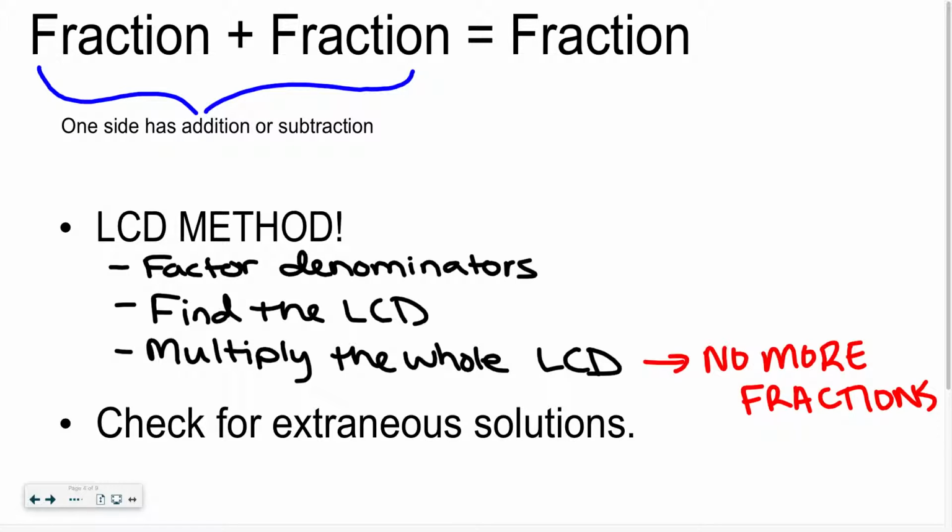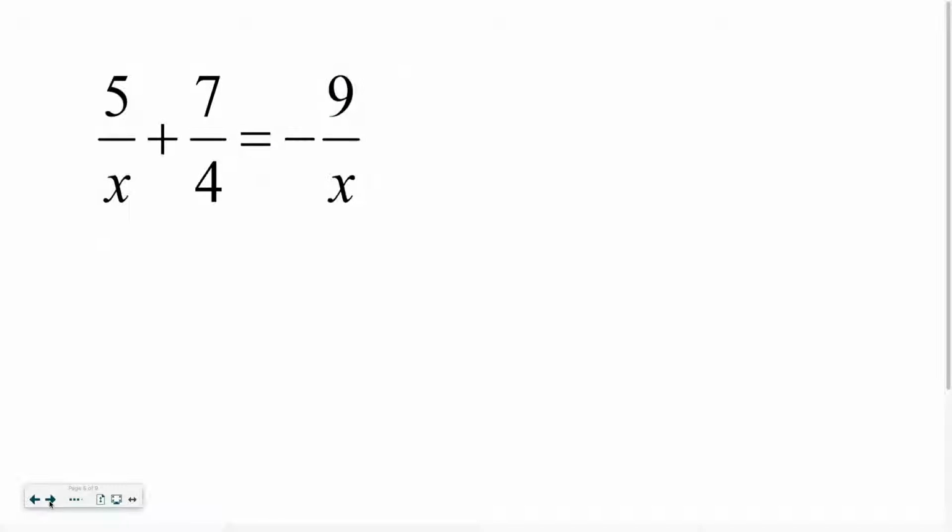All right, let's do an example like you'll be seeing today. 5 over x plus 7 over 4 equals negative 9 over x. Don't miss that negative.